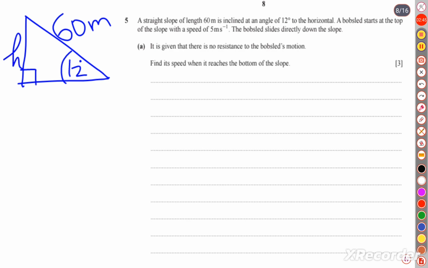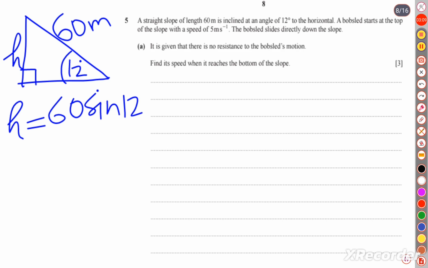How can we find the height? Assuming this as a right angle triangle, the hypotenuse is this plane, 60. So H is equal to 60 sine 12 degrees. 60 sine 12 degrees is our height.